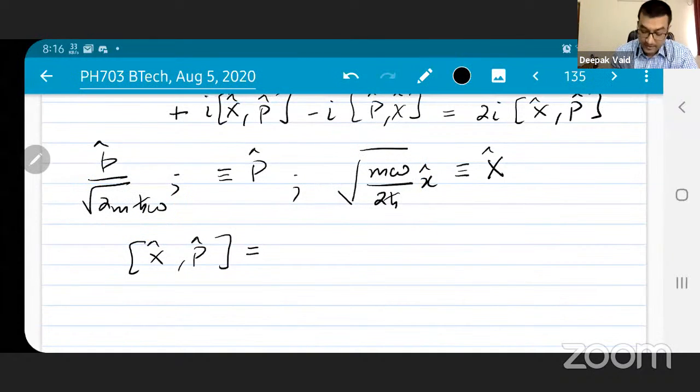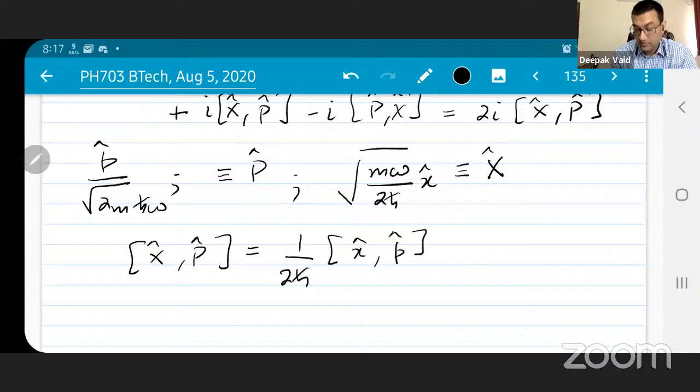These are just multiplicative factors, so you get the product of this times this, and so m omega will cancel out. You will be left with 1 over 2 h bar, commutator of x and p. And what is this? This is equal to i h bar. So you will be left with i h bar by 2 h bar, which is just i/2.